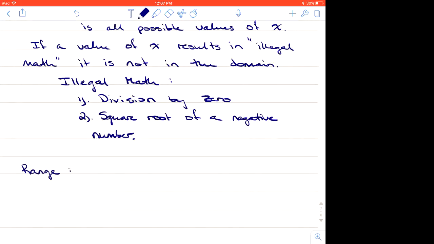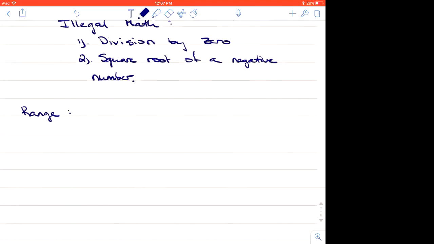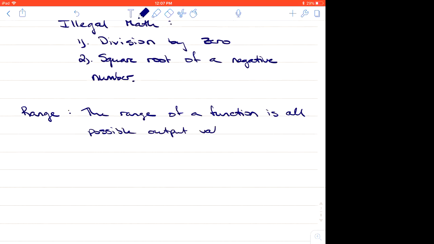We can talk about the range. The range depends on your domain, right? Because it's going to be all the possible output values of y. Okay. So the range of a function is all possible output values of y.